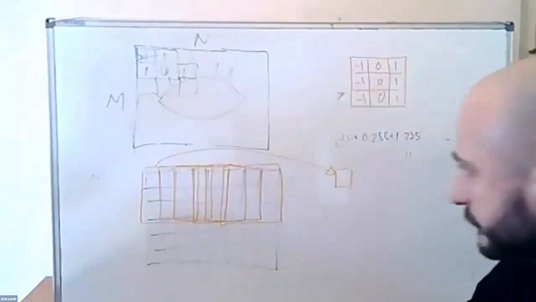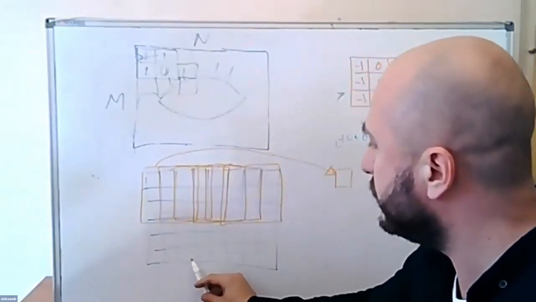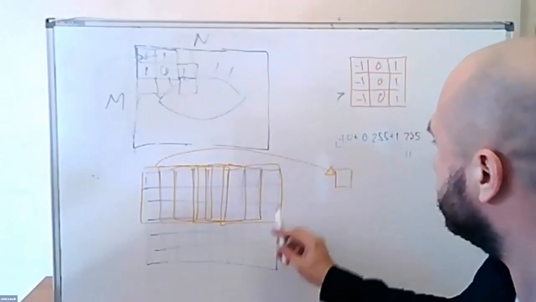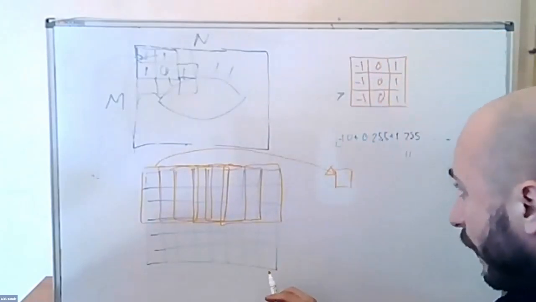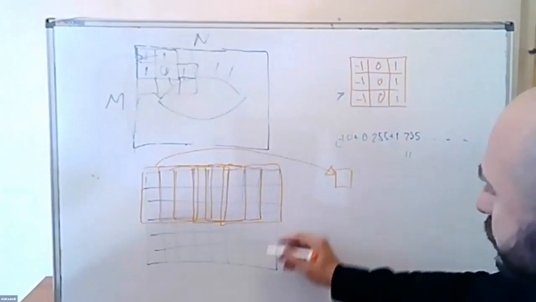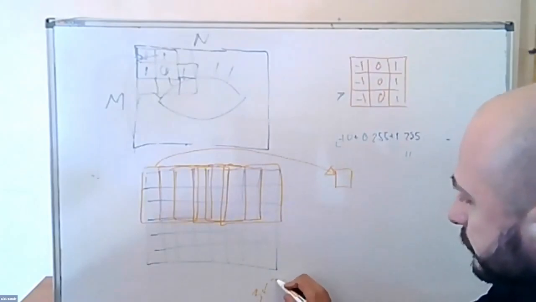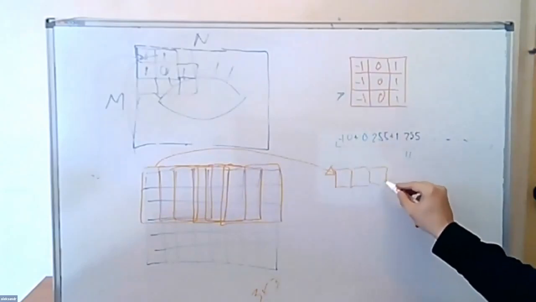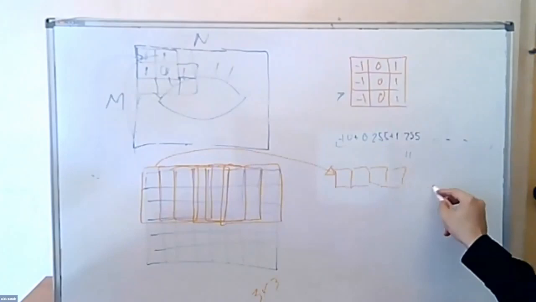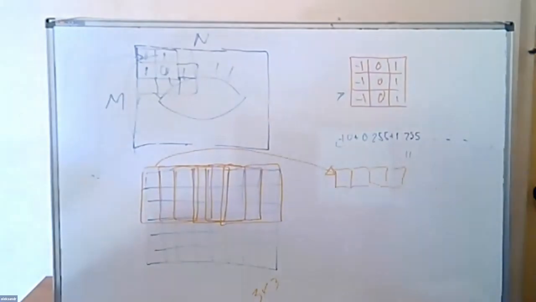So here we have 1, 2, 3, 4, 5, 6, 7, 8 pixels on the initial image. And we have a convolutional window 3 by 3. How many pixels will we get in the final image in this row? Could you please try to calculate?